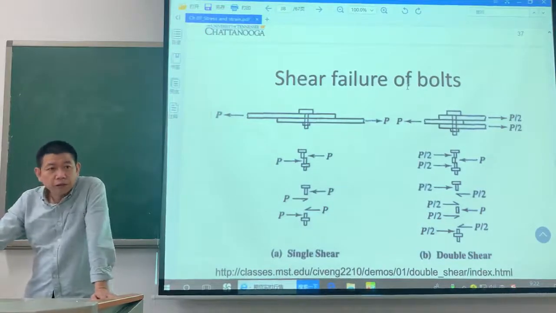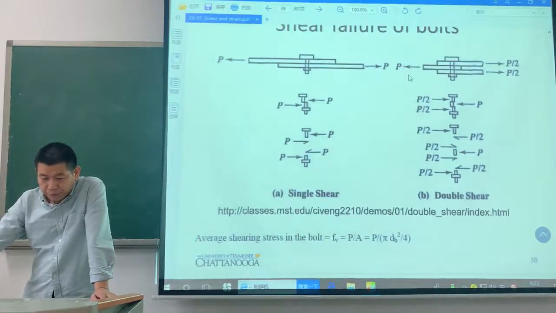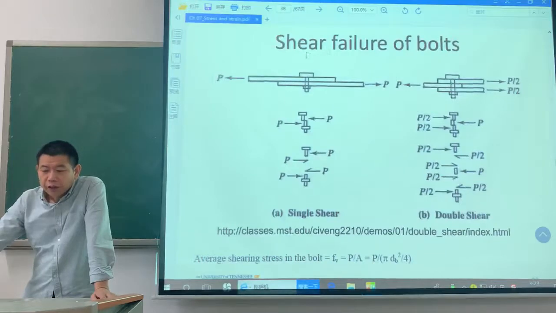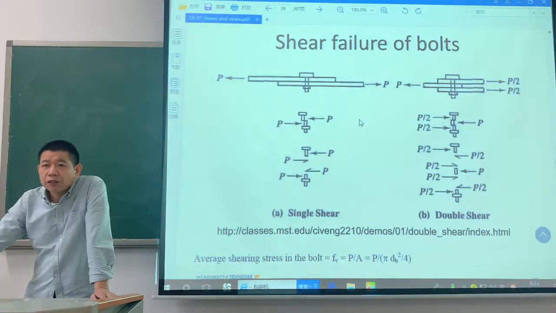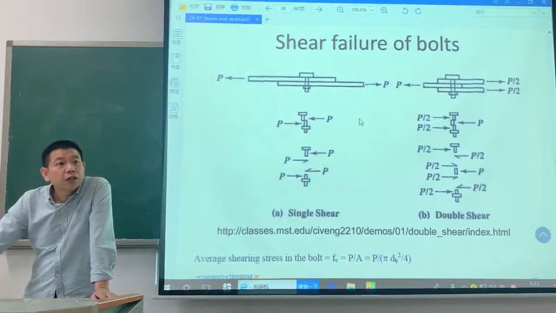Let's focus on shear failure of the bolt. Shear failure of a bolt means the shear stress is more than the shear allowable stress.